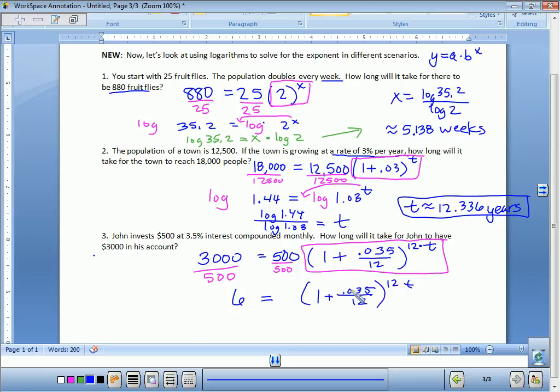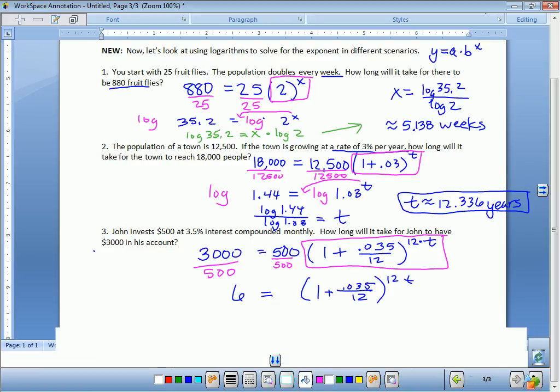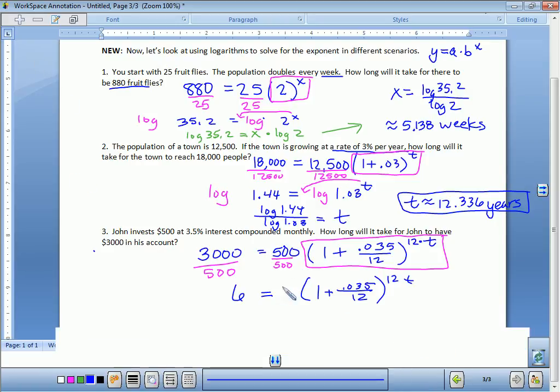All right, so this is a little more convoluted looking. It's the same exact process, it's just not as pretty. So here we take the log of both sides.